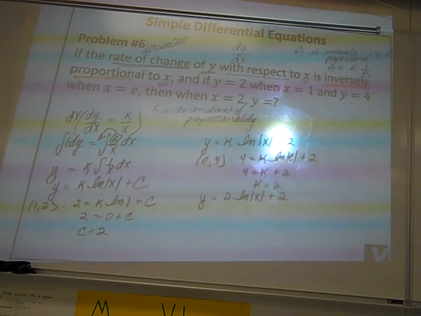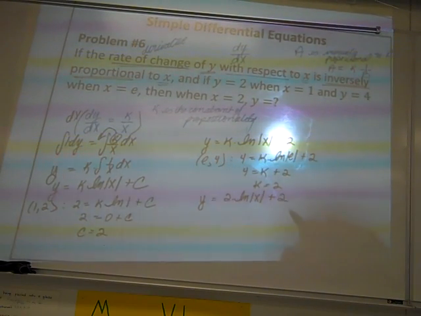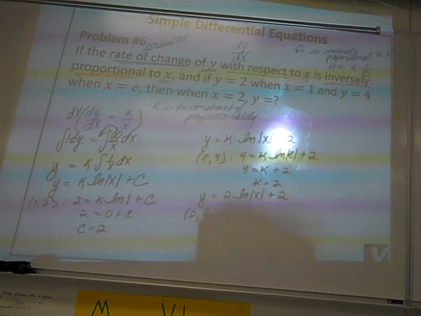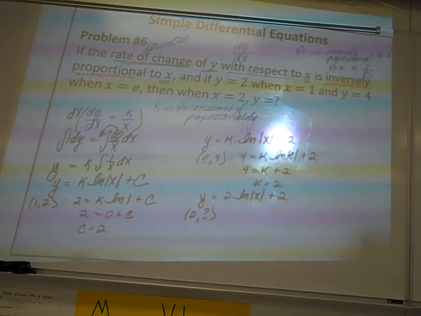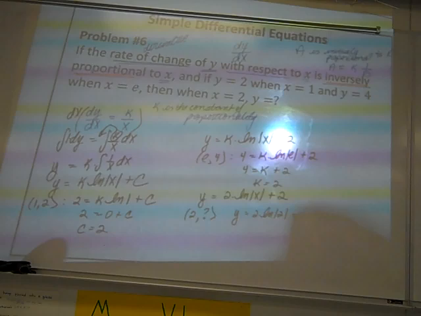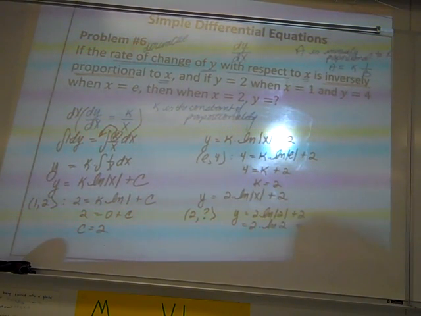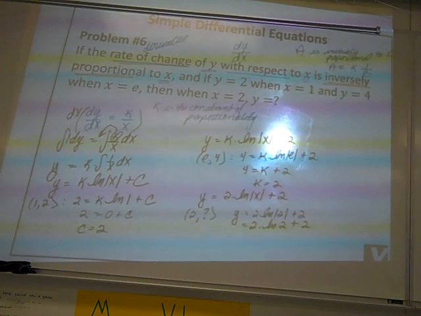We're almost done, except we actually have to answer their question. Their question says, when x equals 2, what's the y value? Well, y is going to be 2 times natural log of 2 plus 2. Since the 2 inside is positive, I don't need the absolute values.